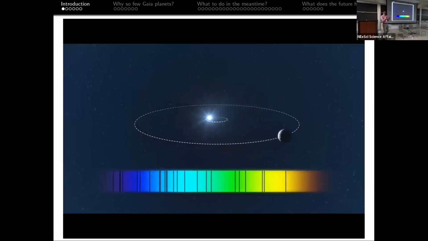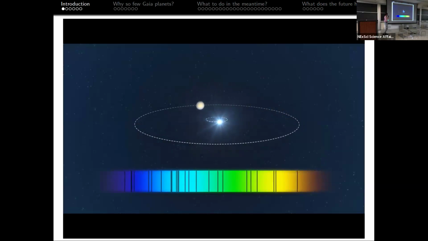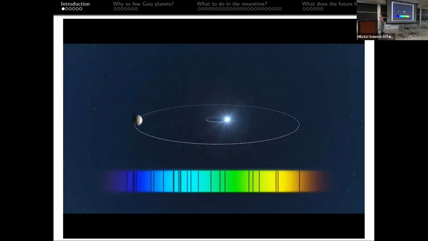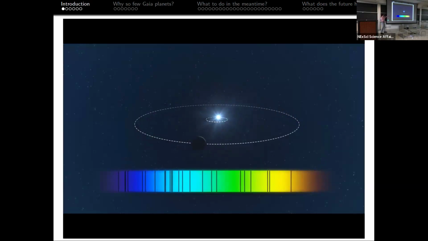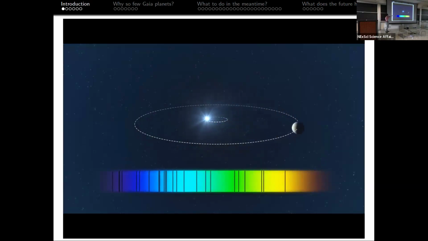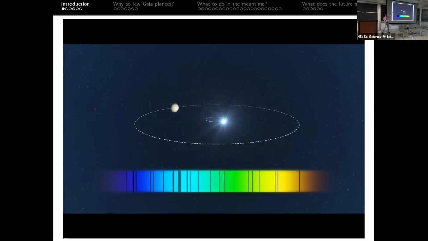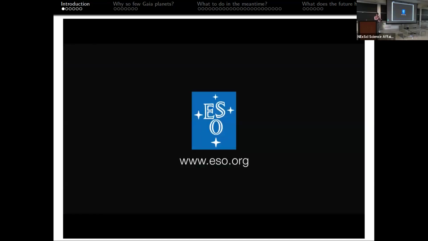Just to remind you what I mean by astrometry: radial velocities means you're looking at the Doppler shifts. Astrometry means you forget about all those colors and you just look at the motion of the star in the plane of the sky. In this case, you're looking at it almost edge on, which is conducive to radial velocities.